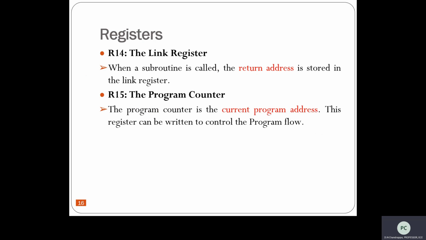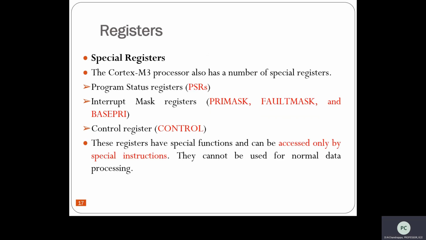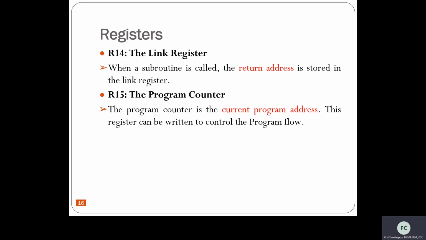Now these are the link registers. R14 is the link register and R15 is the program counter register. These are the general purpose registers, link register, program counter and stack pointer registers.